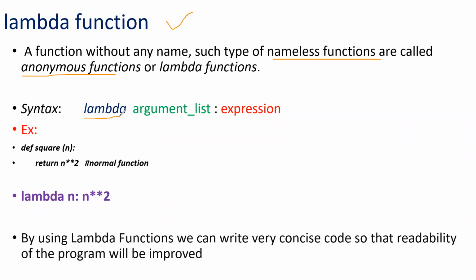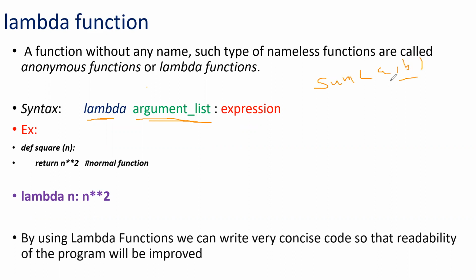Lambda, L-A-M-B-D-A. Sometimes we may forget to write the B, so you need to write the B also. Lambda, then the argument list. Argument list means whatever inputs are going to be given. For example, sum a comma b.